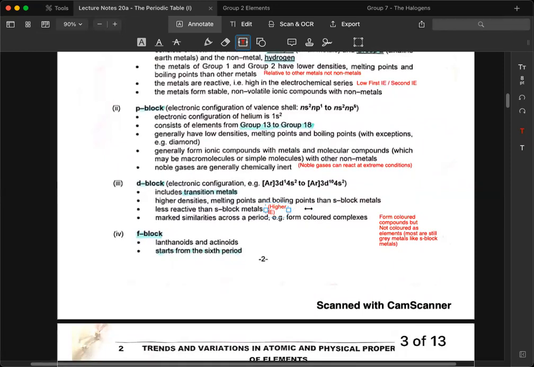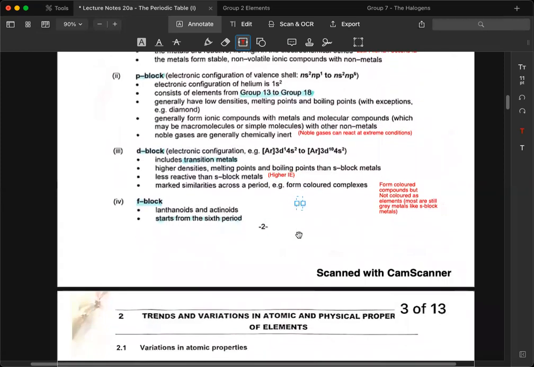So across elements of the same period, the IE will increase. They form complexes that are colored. Okay, they form colored compounds, but they themselves are not colored as elements. So most of the metals are still gray metals, just like the group 1 and group 2 metals.